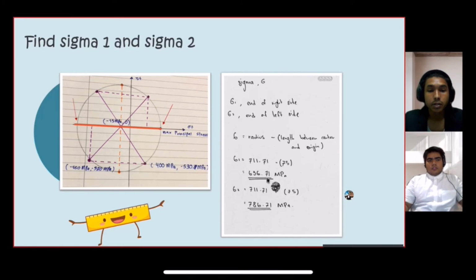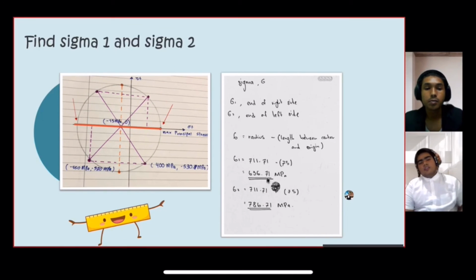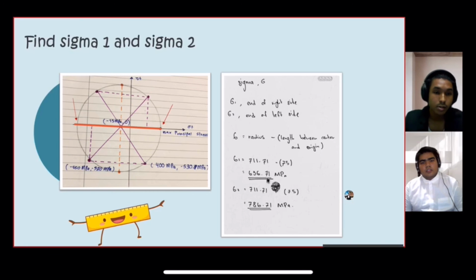Bismillahirrahmanirrahim. My name is FARHAN ROSLE from 5ME1. I'm going through question number 3, to find sigma 1 and sigma 2. First of all, as you can see on the straight line, there are two points, the left side and the right side. The point on the end of the right side is sigma 1 and the end of the left side is sigma 2.